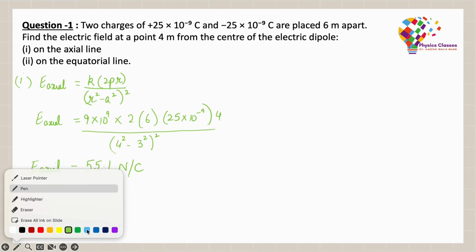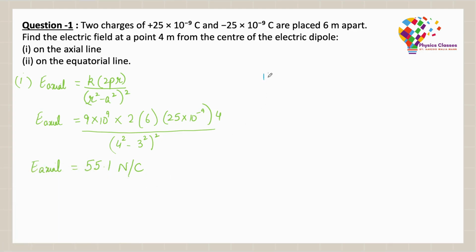Similarly, I can find it for the equatorial line. So electric field on the equatorial line is given by Kp upon (R square plus A square) to the power 3 by 2. The value of K is 9 into 10 to the power 9 again.